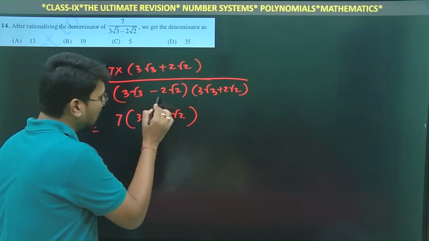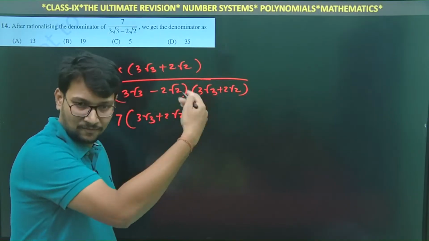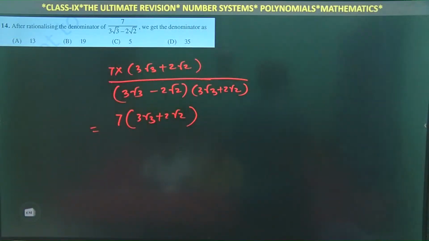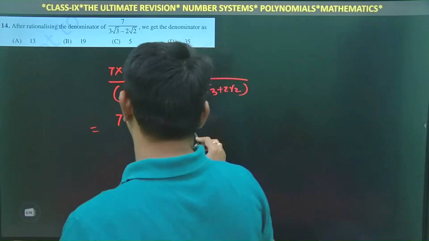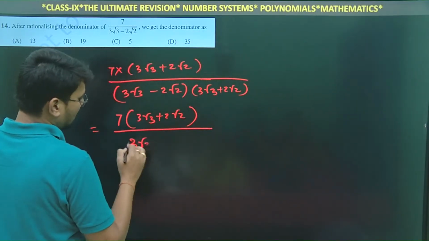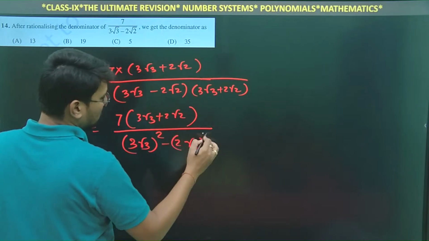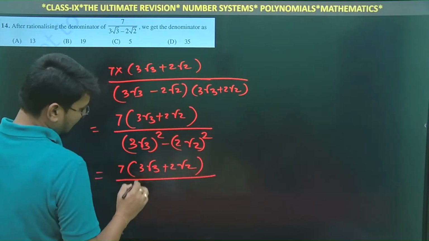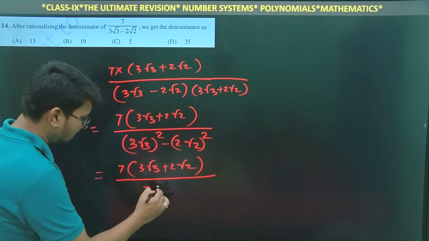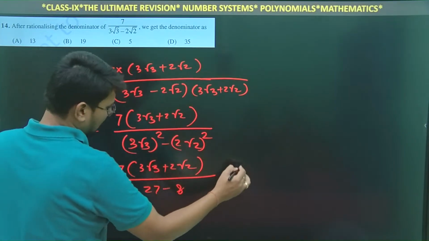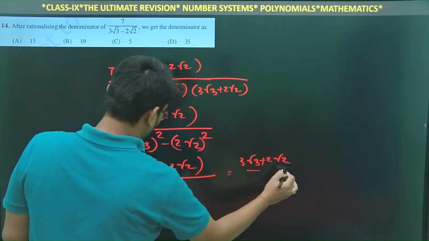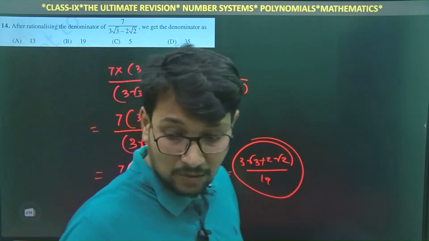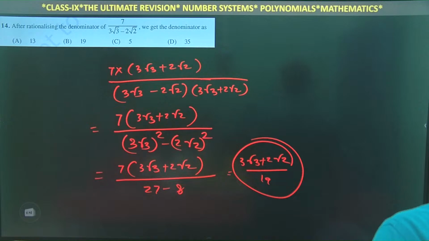Though it is given in the denominator, we have multiplied the rationalizing factor, and we have multiplied the numerator as well. So 3 root 3 square minus 2 root 2 square, that is 7 into 3 root 3 plus 2 root 2 by 27 minus 8, which is 19. The question is asking what is the denominator. Understood?